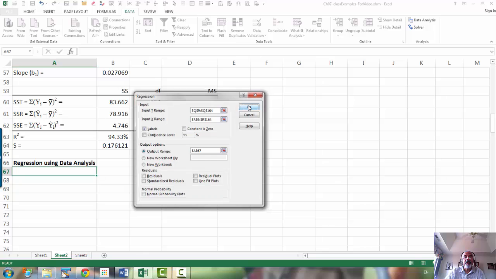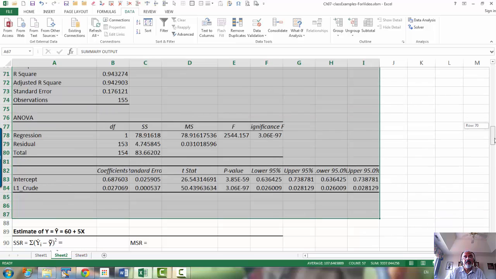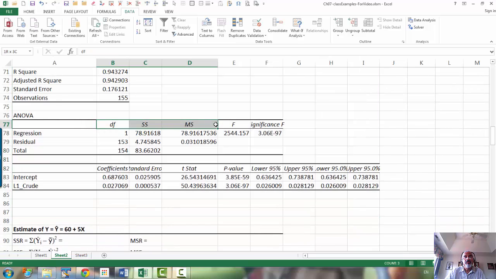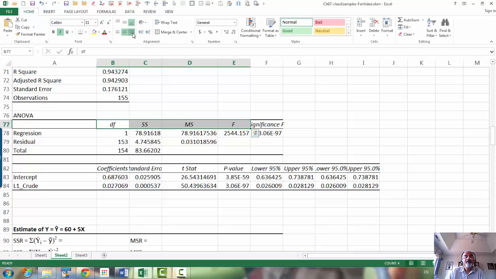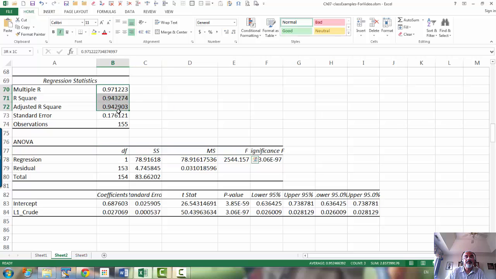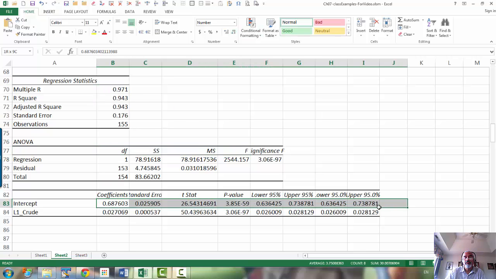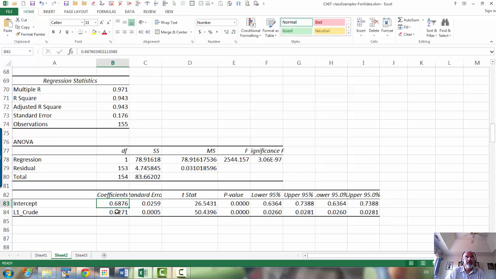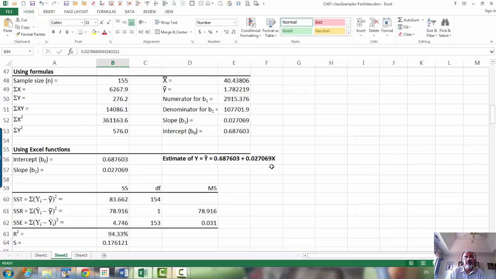Click OK, and you get the output, and then you clean up the format. You see, this is what we have here also.